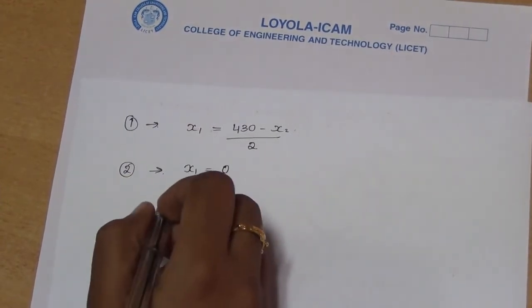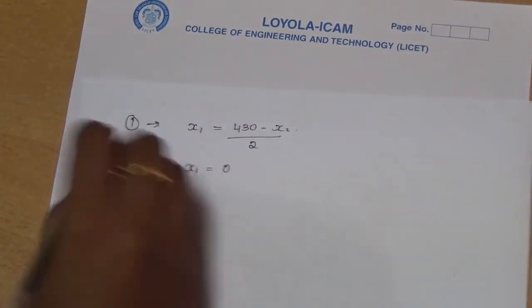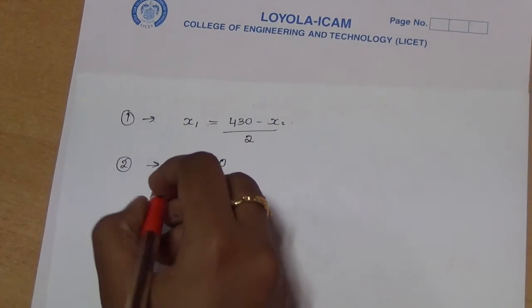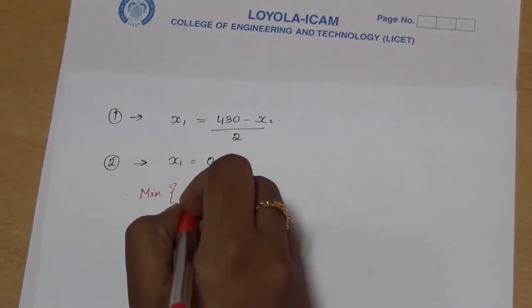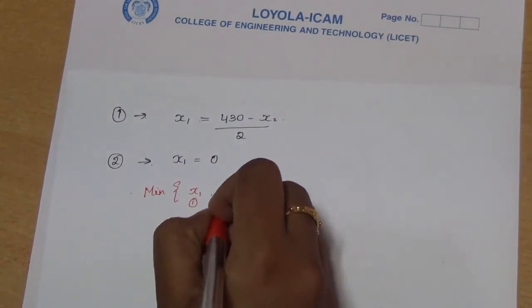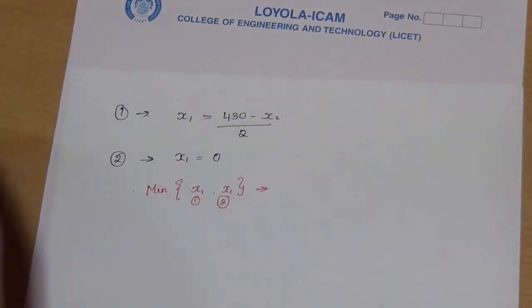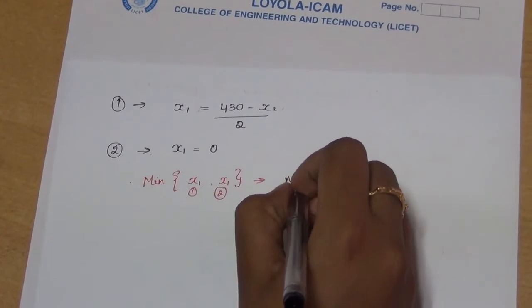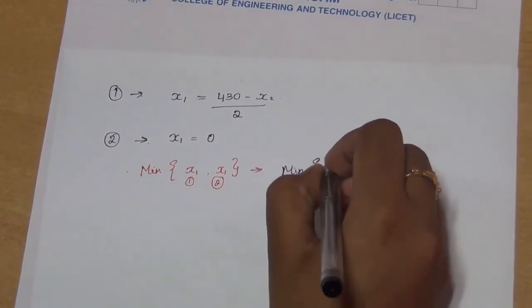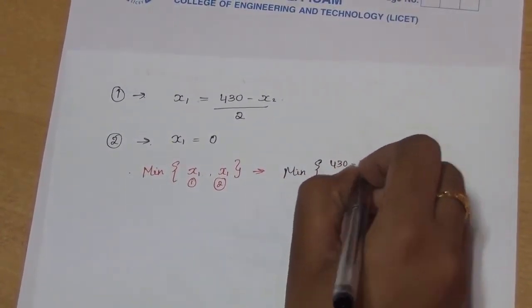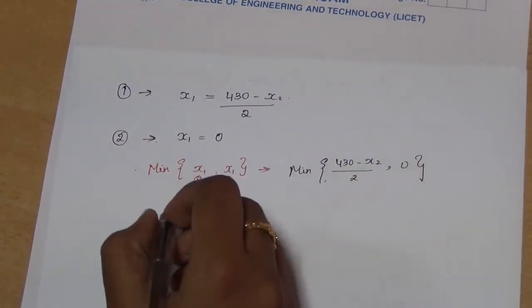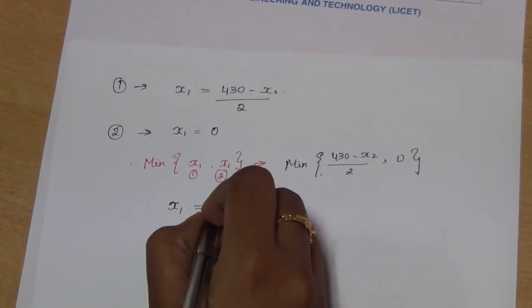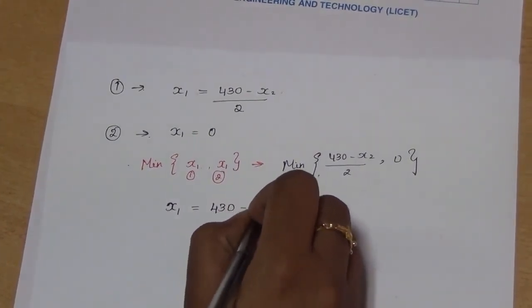To find which x1 value to be used, the formula used is the minimum of x1 from constraint number 1 and x1 from constraint number 2. So minimum of 430 minus x2 by 2, 0. Since 0 can be ignored, the value will be x1 is equal to 430 minus x2 by 2.